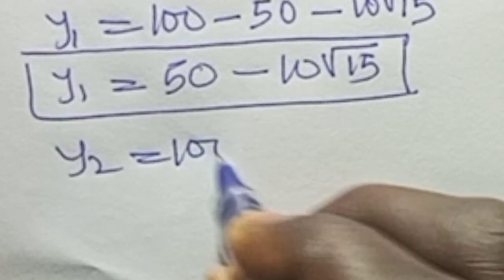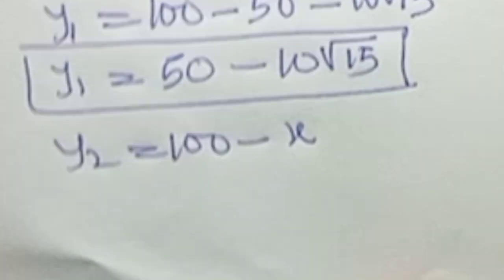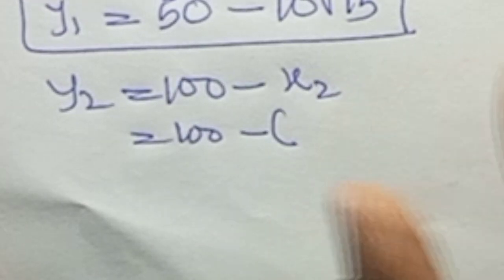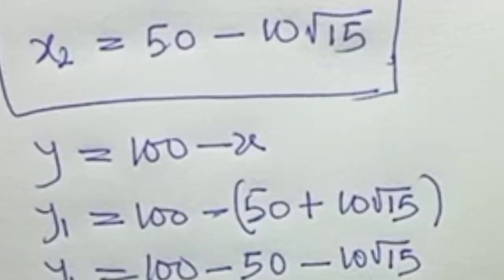And for y2 will be equal to 100 minus x2, which is 50 minus 10 root 15.